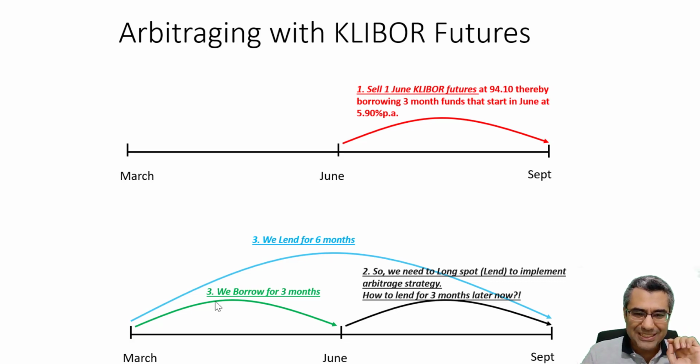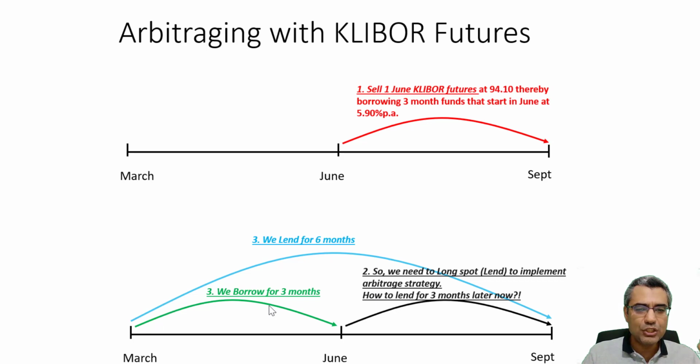So the borrowing, the green one here, the borrowing for 3 months today will cancel out the first 3 months of the 6-month lending, the blue curve. These two will cancel out each other, right? What is left is lending for 3 months starting in June.